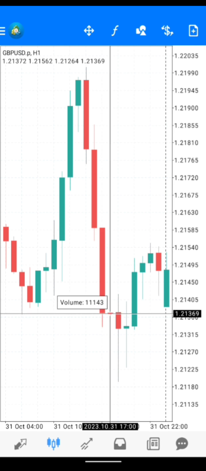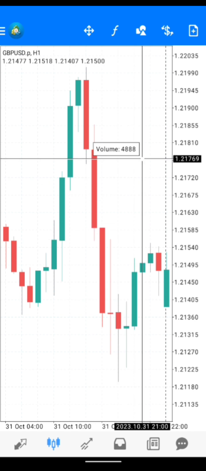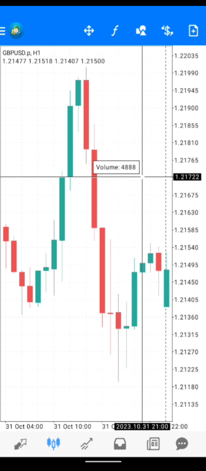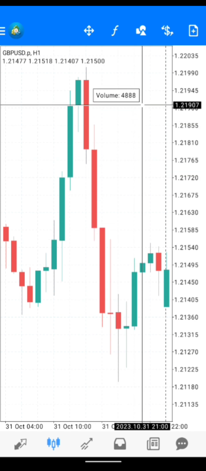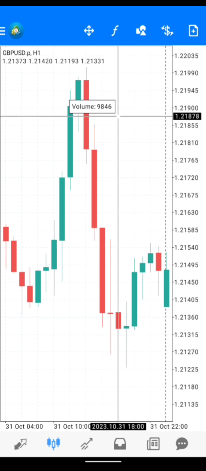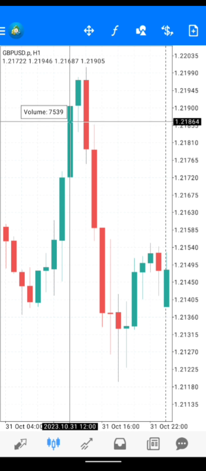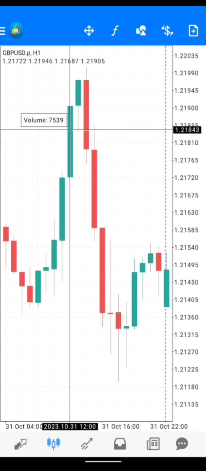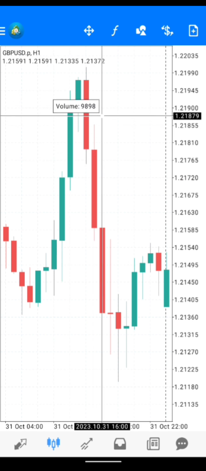Using an example of a bullish candle, it opens lower and closes above. It closes above the open price, but bearish closes below the open price. That's the differentiating factor. In this case, this candle here opened here and closed above.